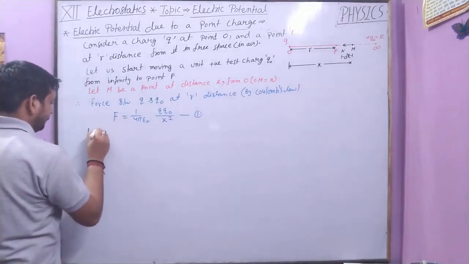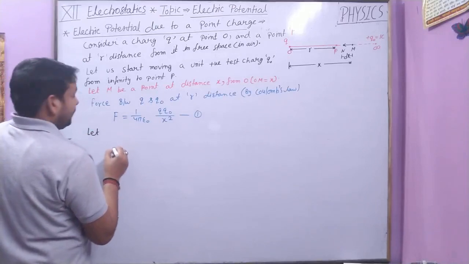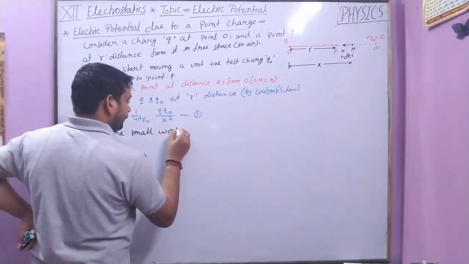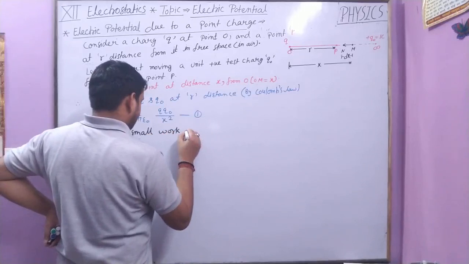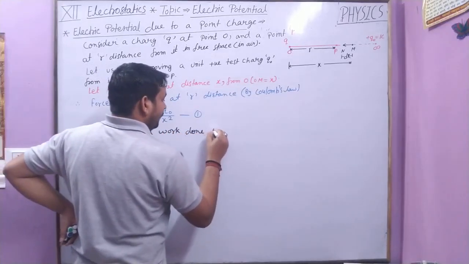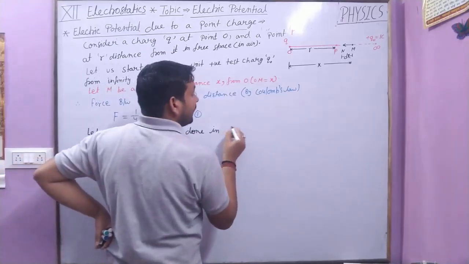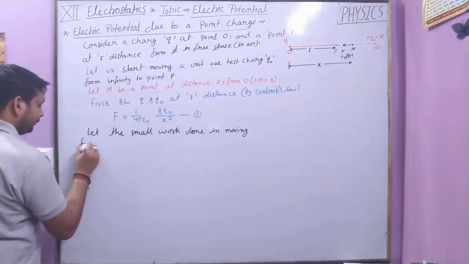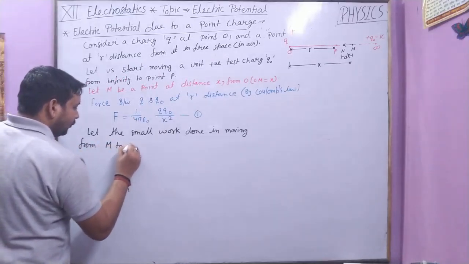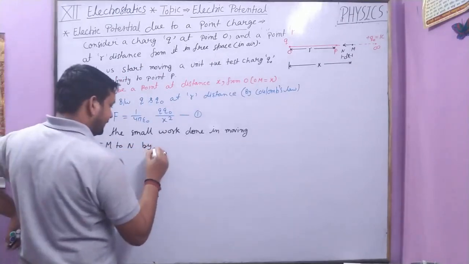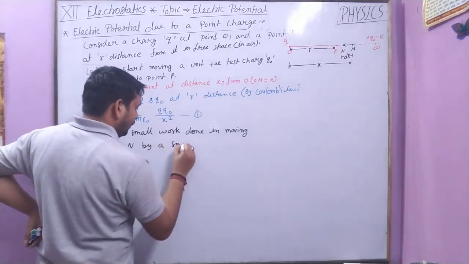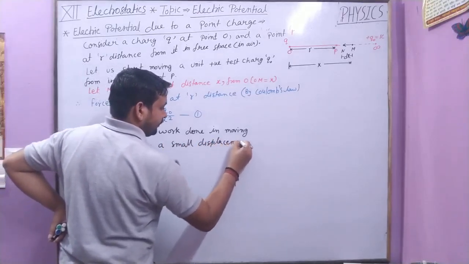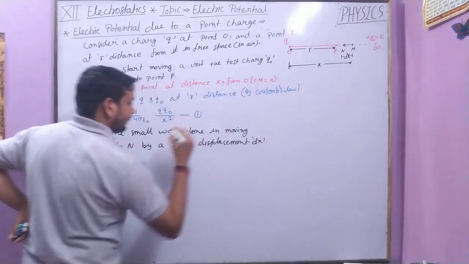Now let the small work done in moving from M to N by a small displacement dx be dW.